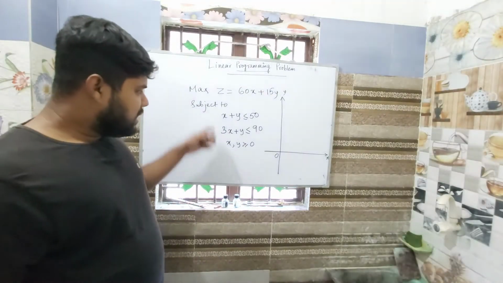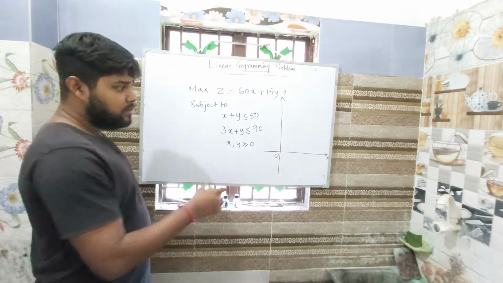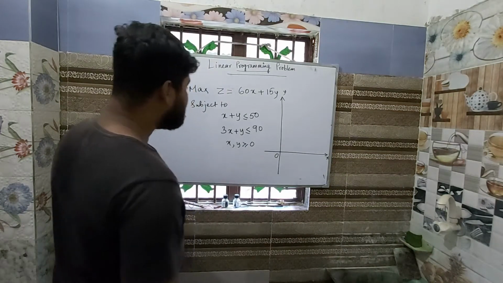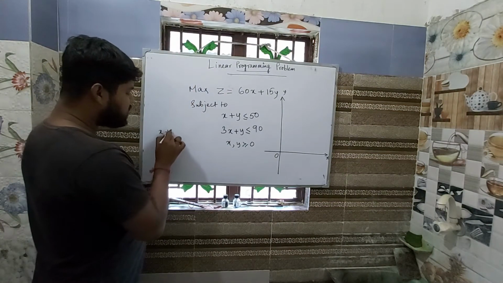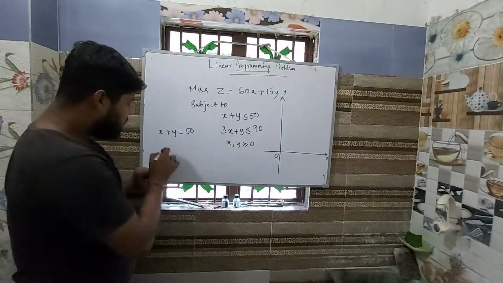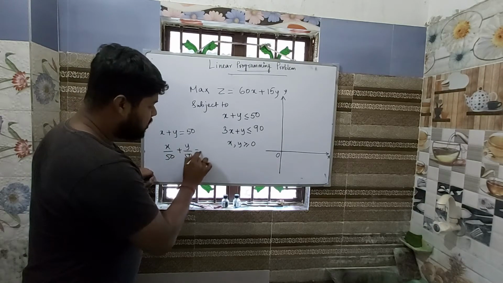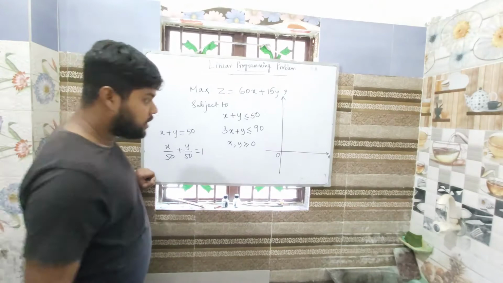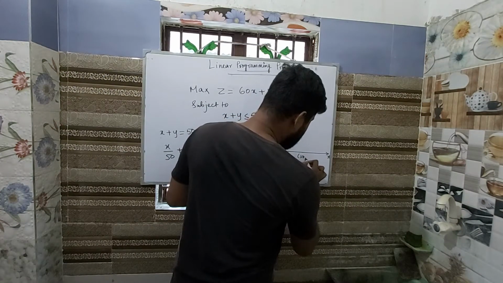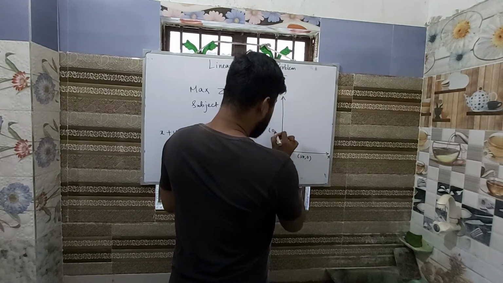Now this is the x-axis, this is your y-axis. All I need to do is draw these two constraints. Let us take the first constraint. How to draw the inequalities, if you remember from your class 11 knowledge: x plus y less than or equal to 50. Let us first consider x plus y equals to 50. Writing it in the intercept form, this is x by 50 plus y by 50 equals to 1. Therefore, somewhere here there will be 50 comma 0, somewhere here there will be 0 comma 50.